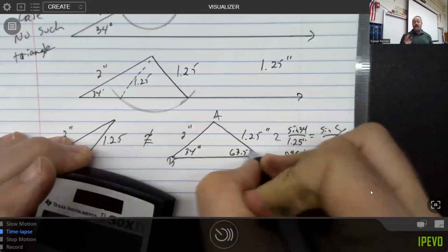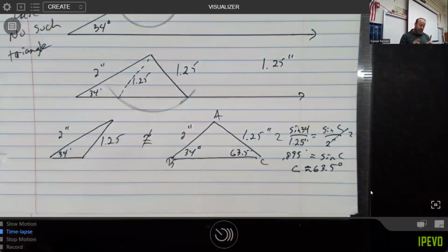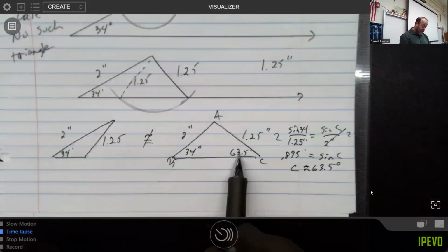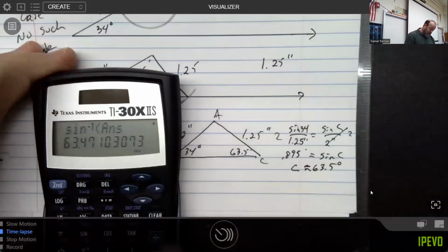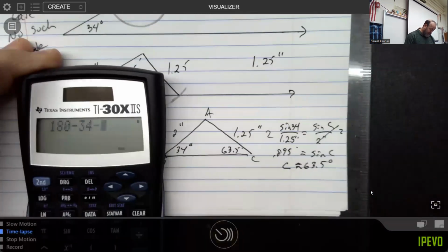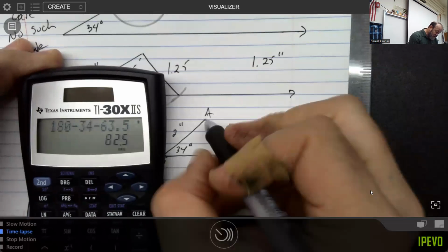Now, again, I really don't want to do the whole problem, but please understand, if I have this answer, I could utilize that using 180 minus 34 minus 63.5 to get this as 82.5.